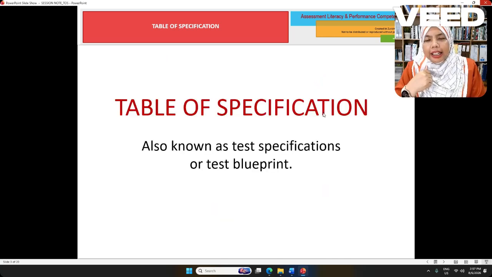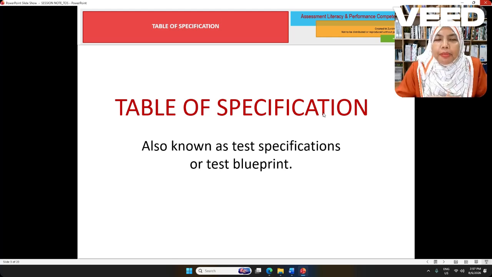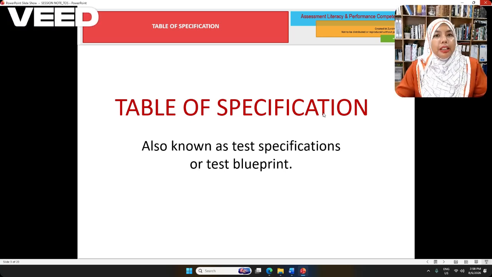Okay, and in the school, table of specification is known as jadual spesifikasi ujian. That's the name in Bahasa Malaysia, and we call it JSU. So TOS and JSU are compulsory documents that teachers and lecturers must prepare and submit together with the test and examination when we submit to the faculty or school administration. So it is a requirement.